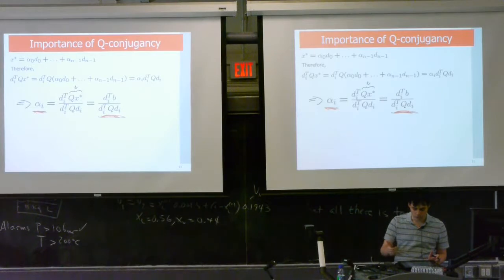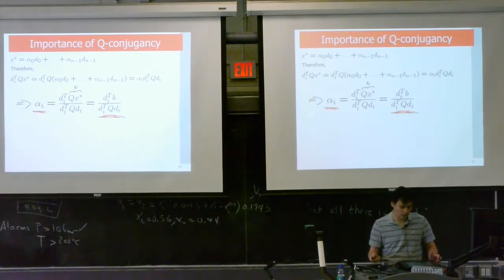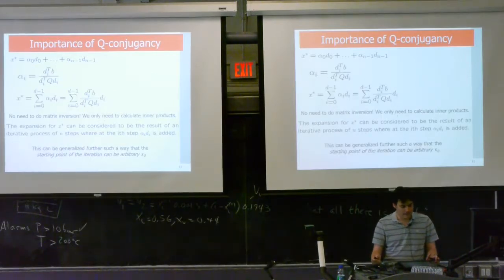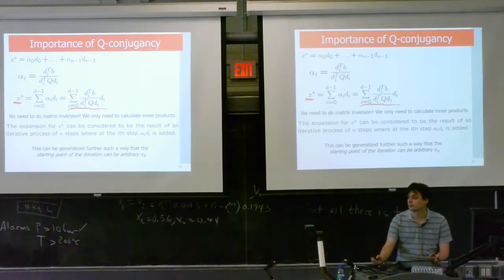So if you know Q and b and you have the d0, d1, dn minus 1 Q orthogonal vectors, then you can get these alpha coefficients just by calculating some inner products, right? And if we have the alpha i coefficients, then we have that x star has this form.